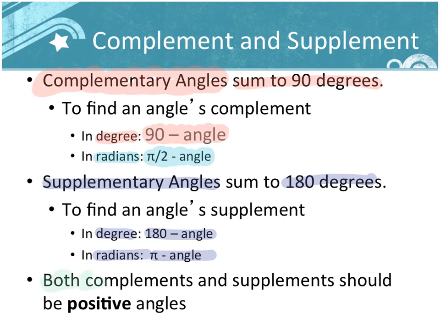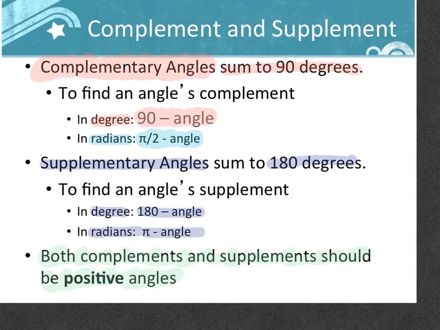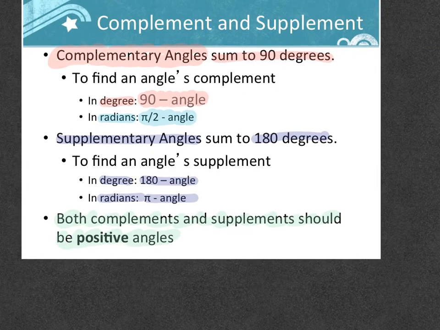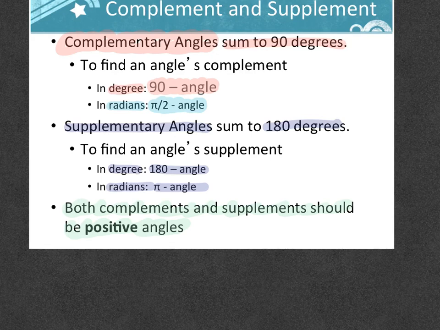Now, both complements and supplements should be positive angles. This means that if an angle has a degree measurement that's bigger than 90, it wouldn't have a complement. If I ask to find the complement to 100 degrees, it can't be negative 10, so there would be no complement.